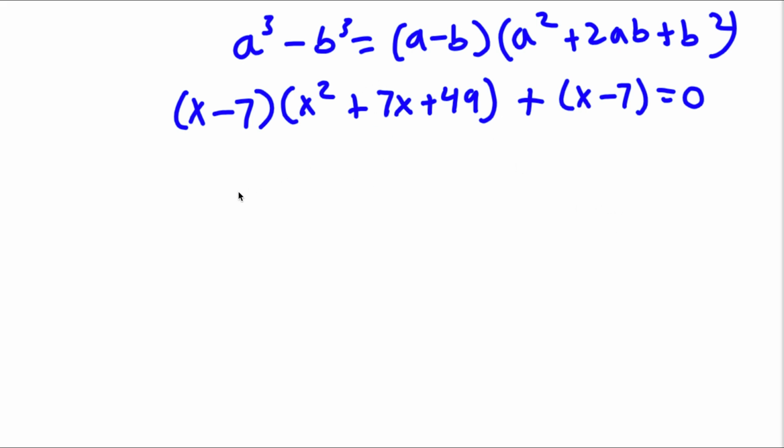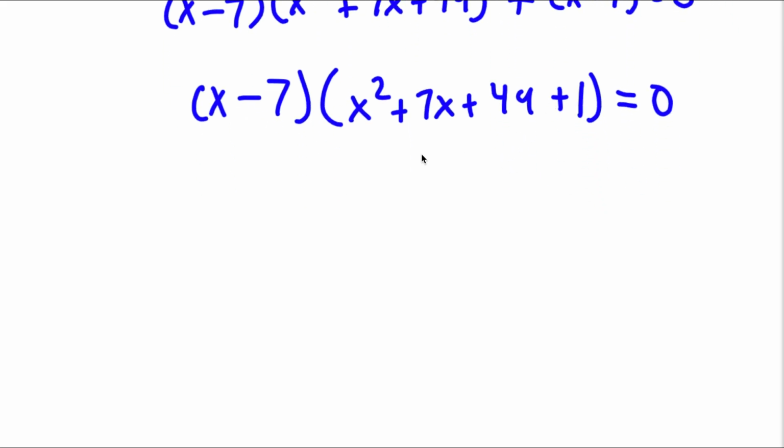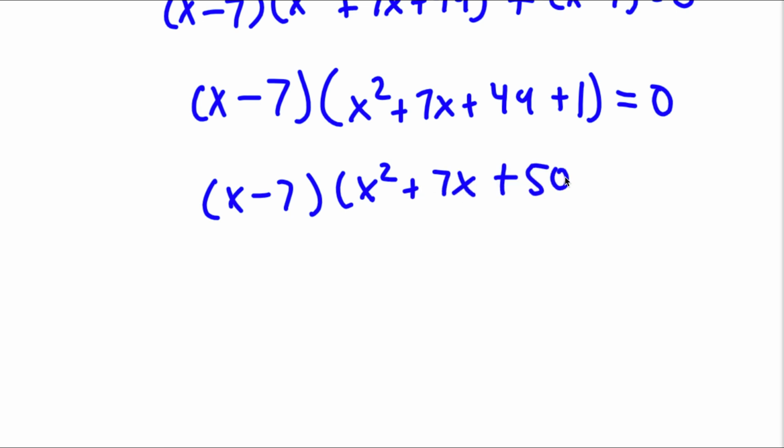Now if I factor out x minus 7, I get x minus 7 times x squared plus 7x plus 49 plus 1 is equal to 0. Now 49 plus 1 is 50, so I have x minus 7 times x squared plus 7x plus 50 is equal to 0.